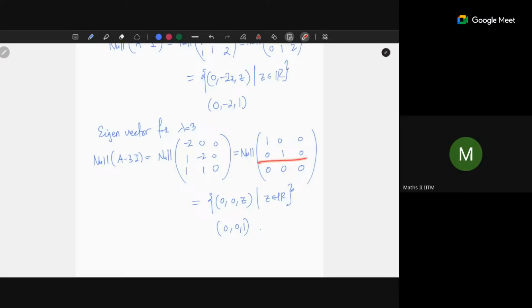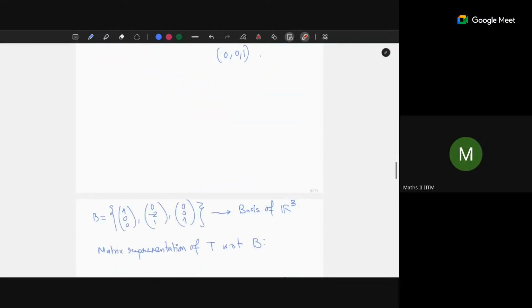So I got this. That is three row operations till now. Then I performed R3 minus R1, and I got 1 0 1 0, and then I performed R3 minus R2. That means I performed 5 row operations to obtain this matrix. I've not shown all the operations, but this is what I did.